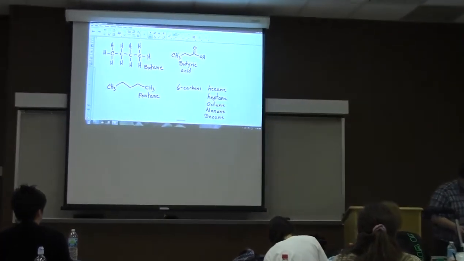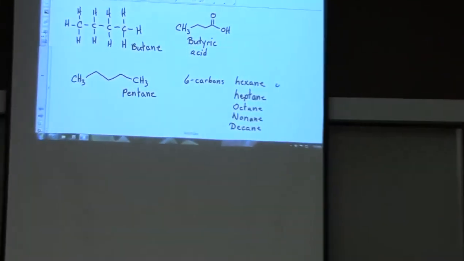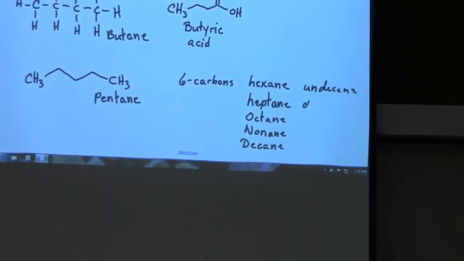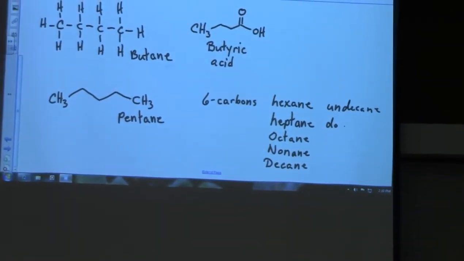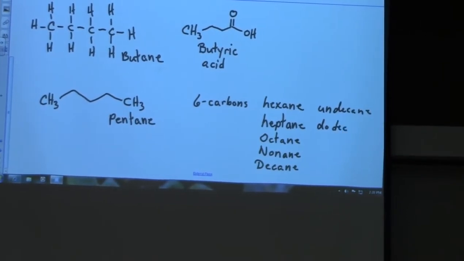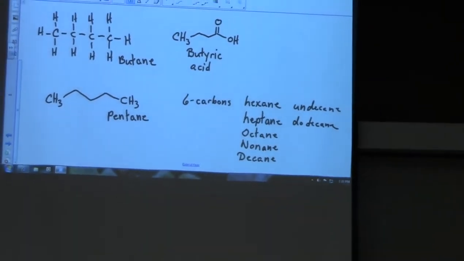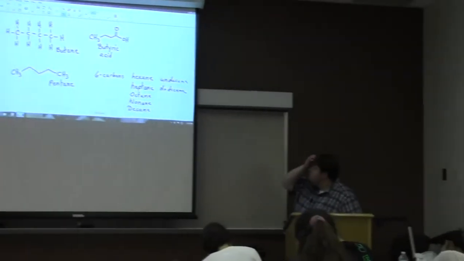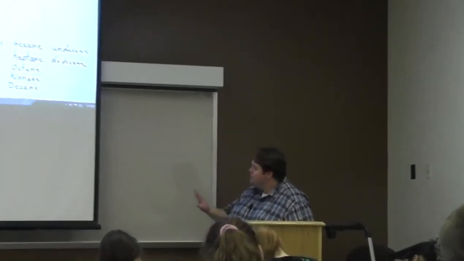Now, of course, if you want to really impress me, you'll learn then undecane and dodecane. Etc., etc. I don't expect anybody to know past 10. Okay, 10's as high as I will expect. Okay, so those at least make a bit more sense.